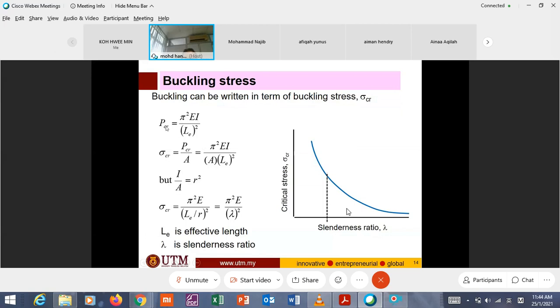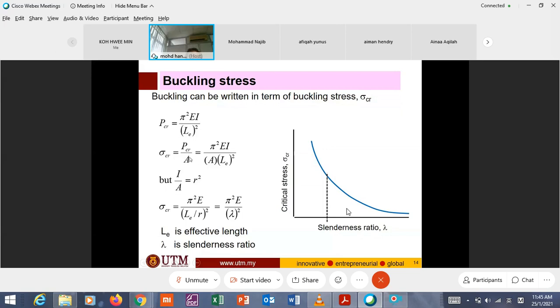So you start from here. Critical buckling load equals pi squared EI over L squared. But what is the relationship between I and L? Stress is equal to P over A. Critical stress equals P critical divided by A, where A is the cross section.